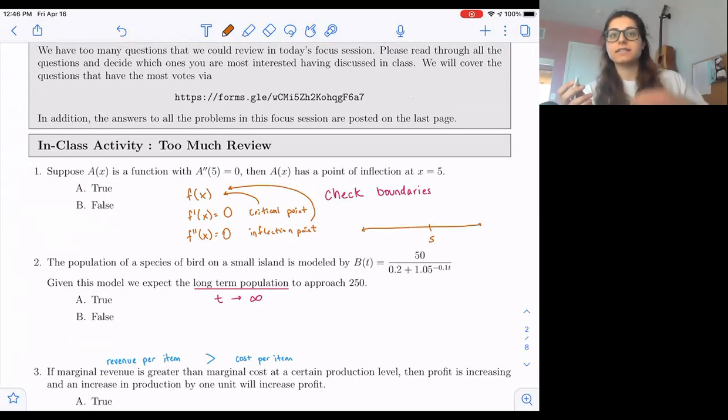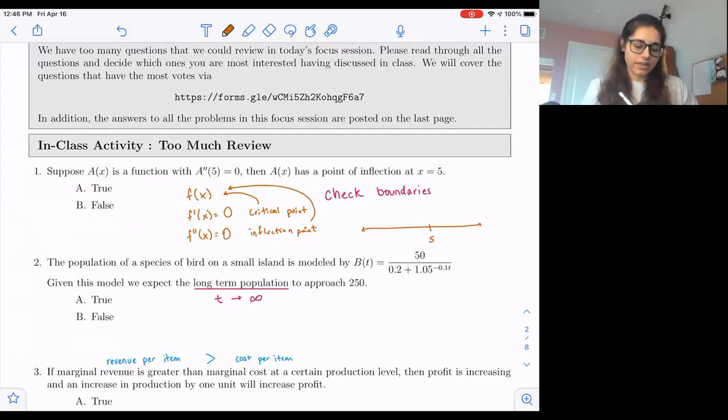So that tells us that the tangent line is linear there. Our slope is linear there. So we know that there we have our second derivative equal to 0, but we don't know that it's changing from concave up to concave down or vice versa.